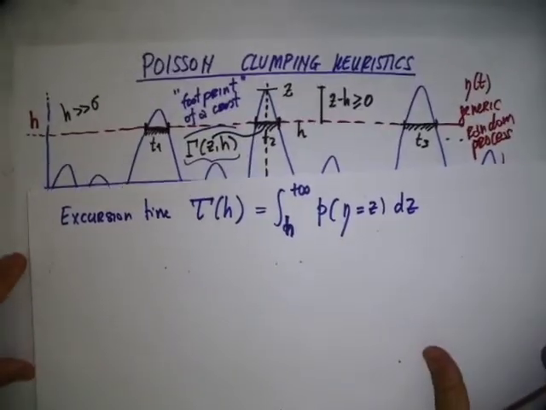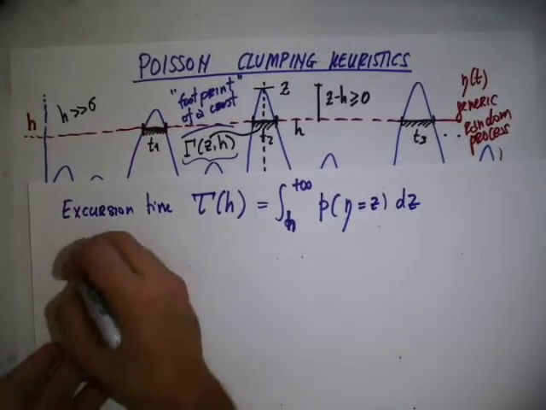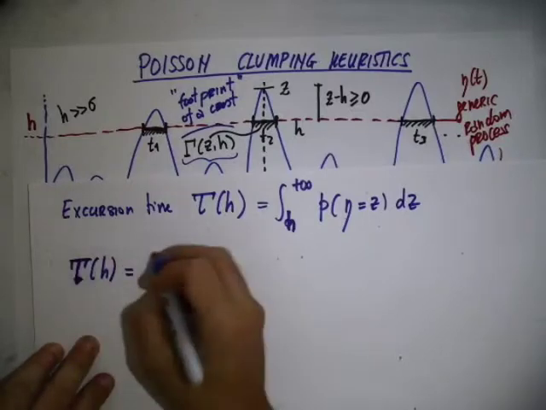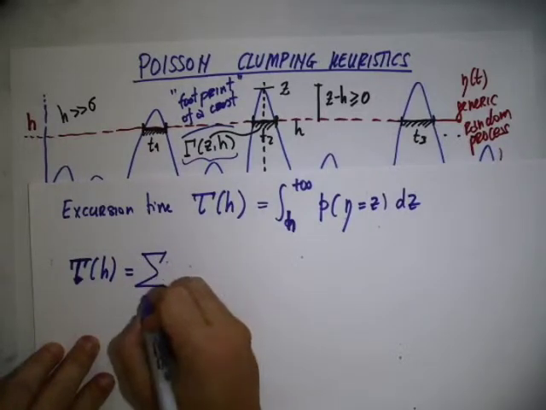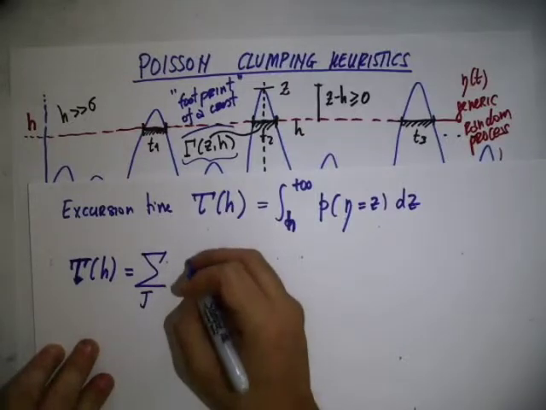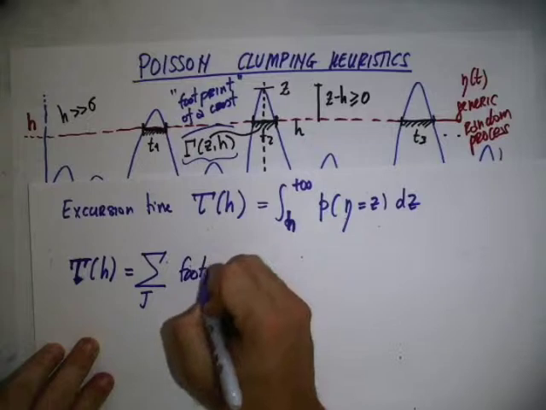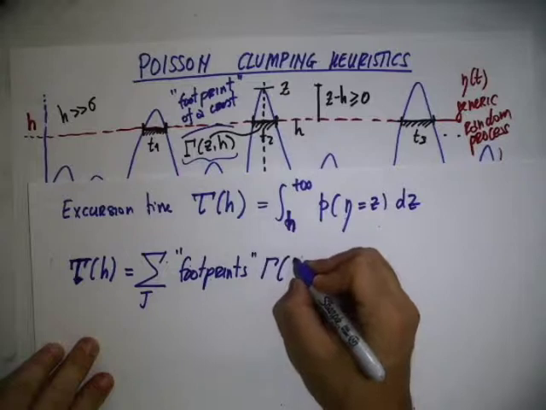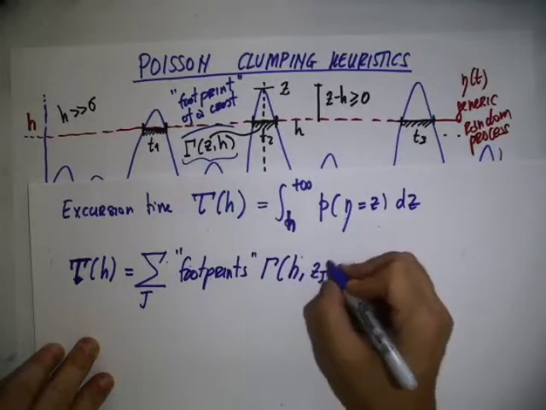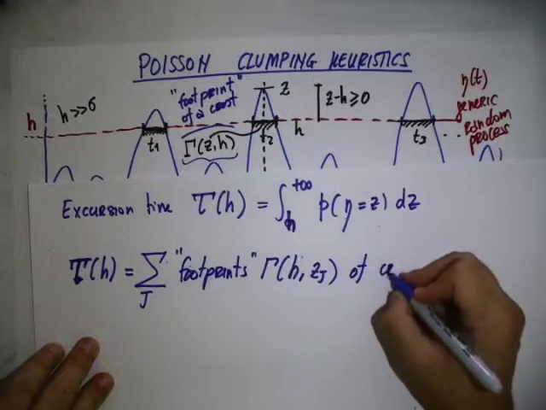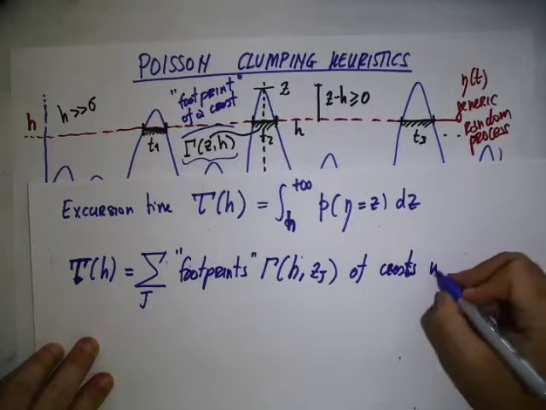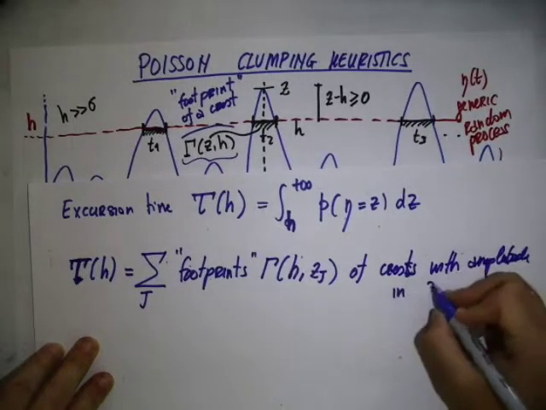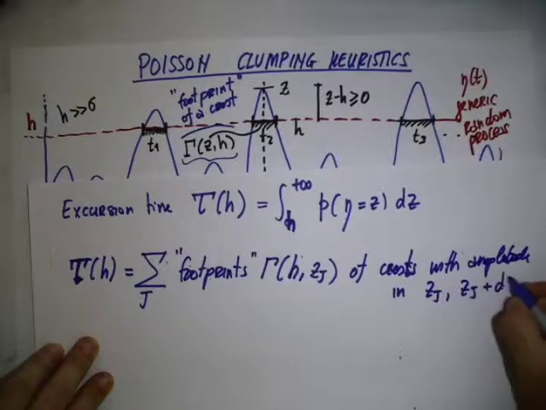This excursion time, tau of h, is also equal to the sum over j of all the footprints tau h zj of crests with amplitude in zj and zj plus dz.